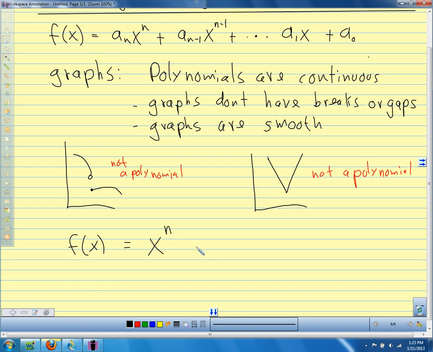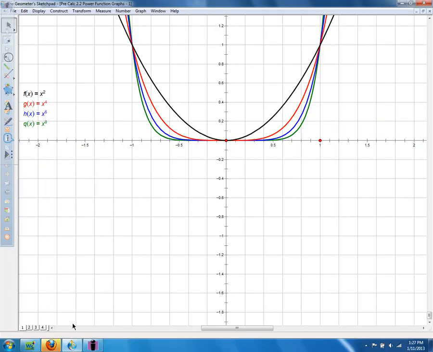So when we have something like this, we're going to call these power functions, because it's just x to some power. So let me grab a picture. I have a picture of some power functions here. We're going to talk about them a little bit.